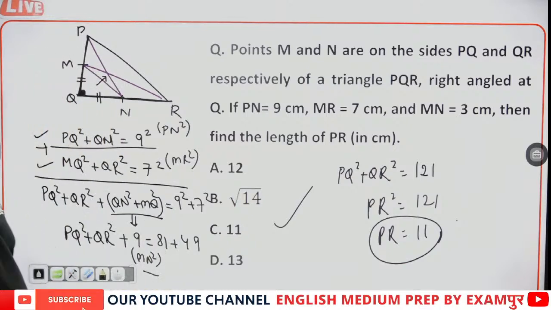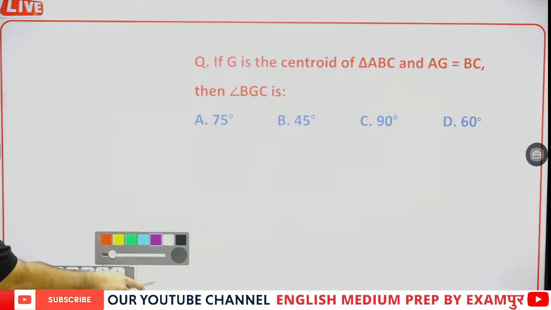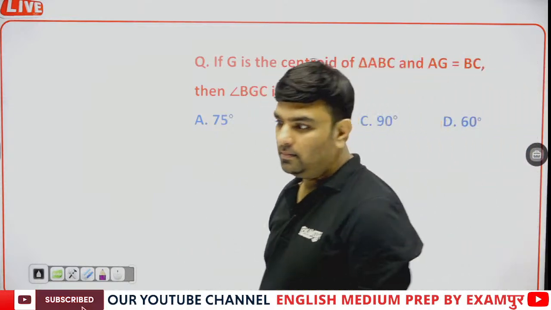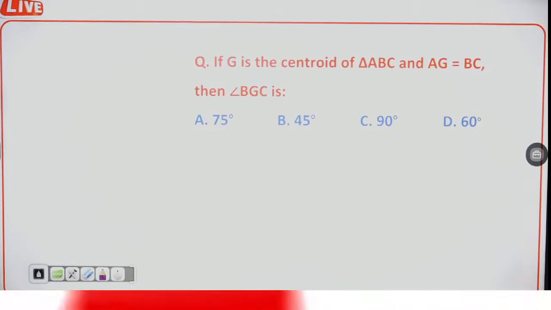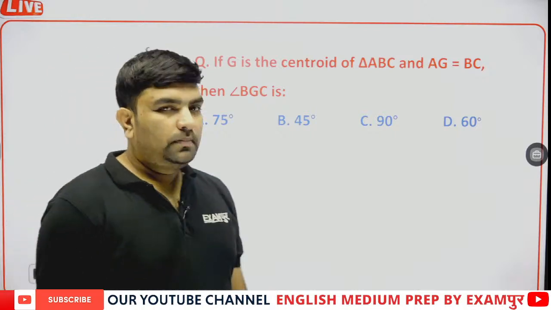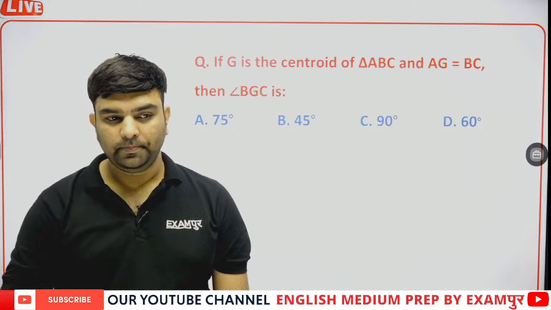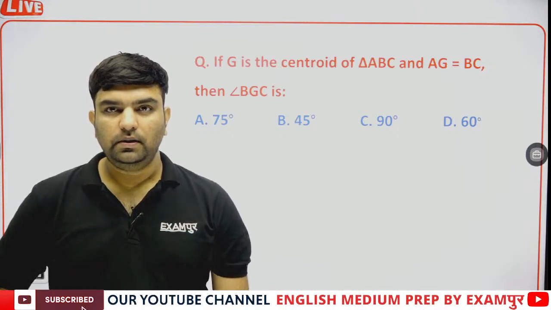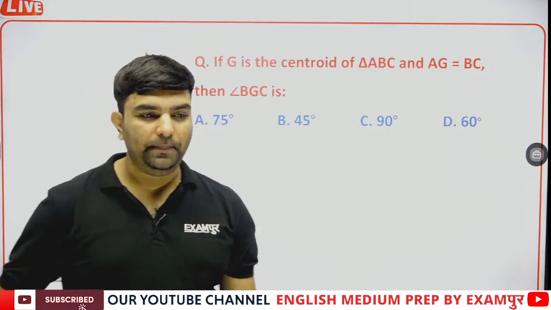Next. G is the centroid of the triangle, AG is equal to BC. What is angle BGC?